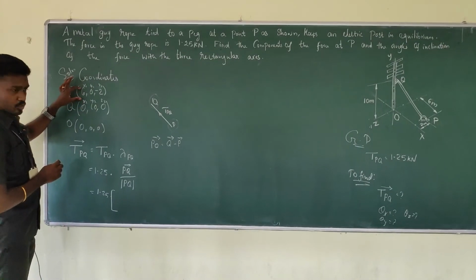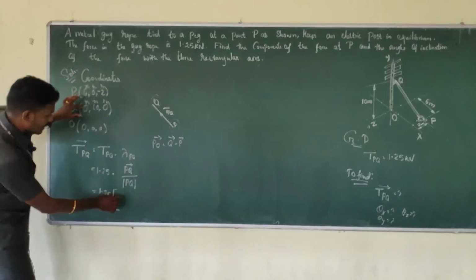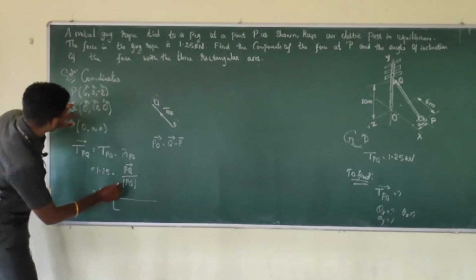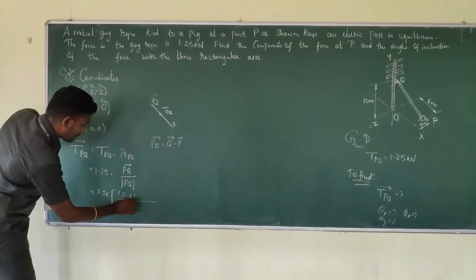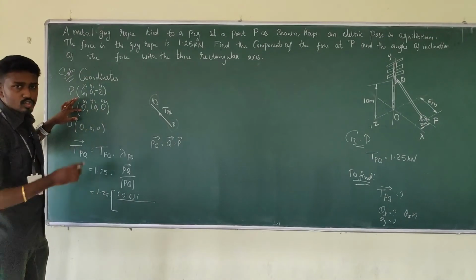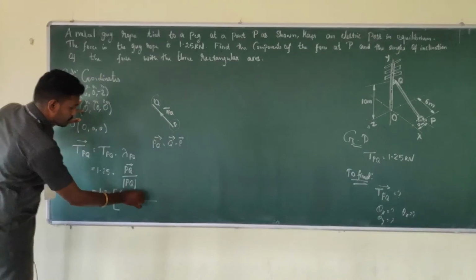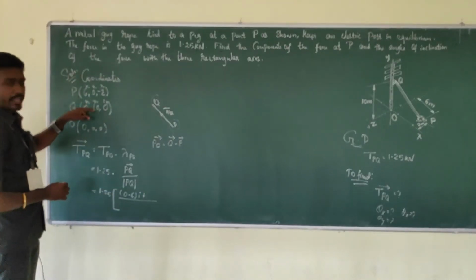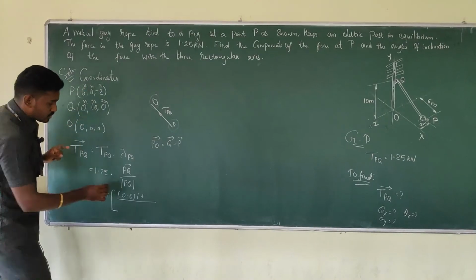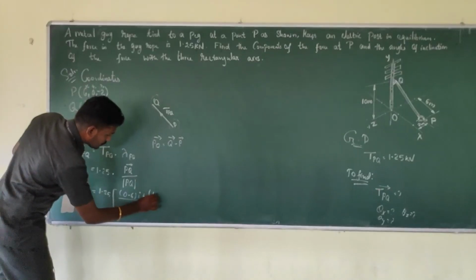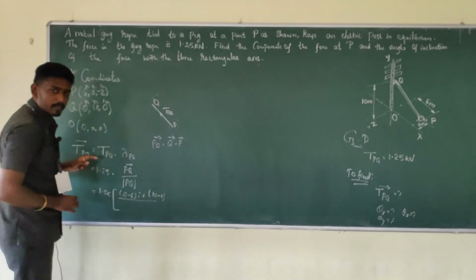So x2 minus x1, that means here I can put 0 minus 6. Okay. It's an x component, so we have to denote i, plus y component y2 minus y1, that means 10 minus 0, okay.